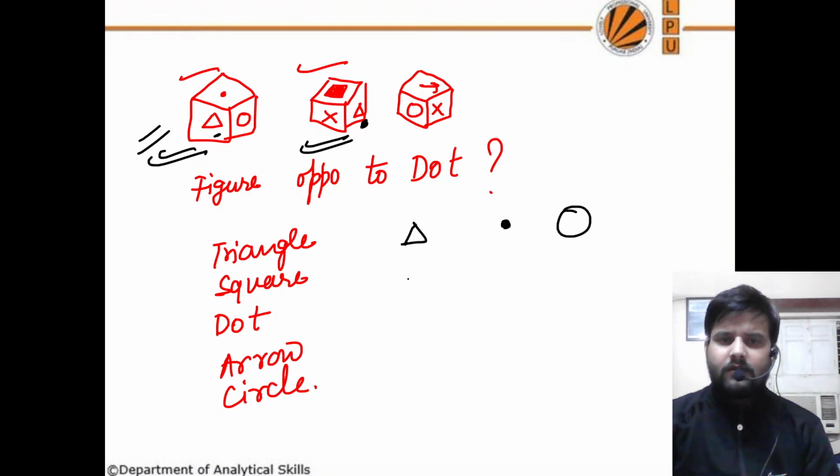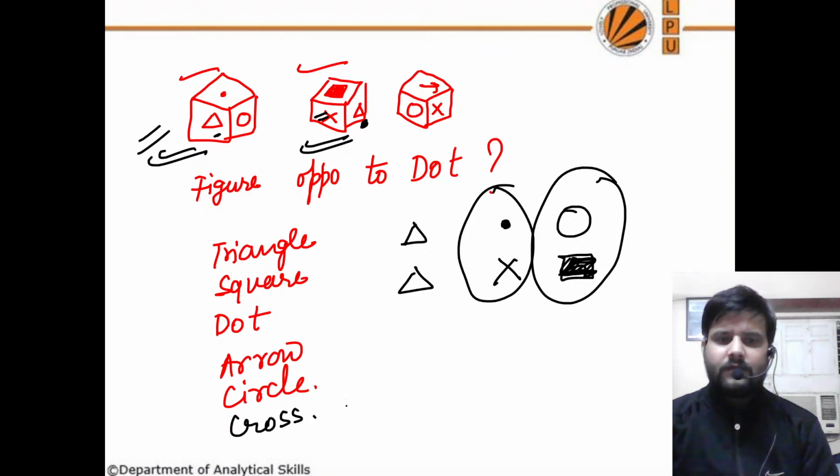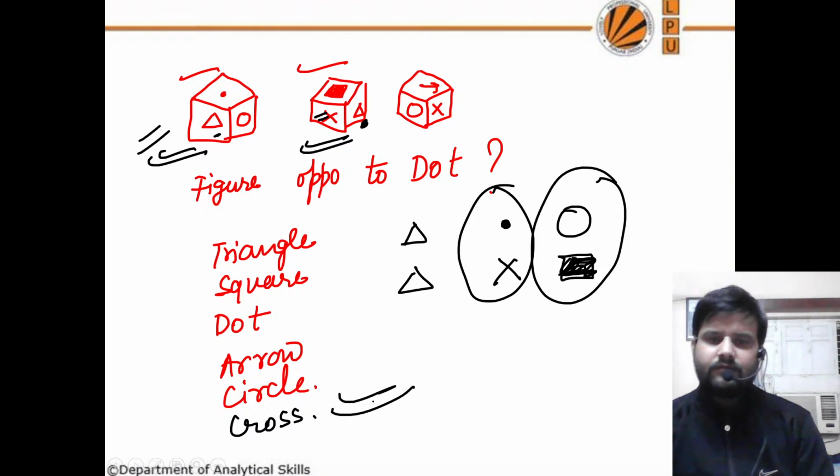In this one, it will be triangle, cross and square. Now what we know, this will be opposite to this, and opposite to dot will be cross. So the option will be cross. That will be your answer.